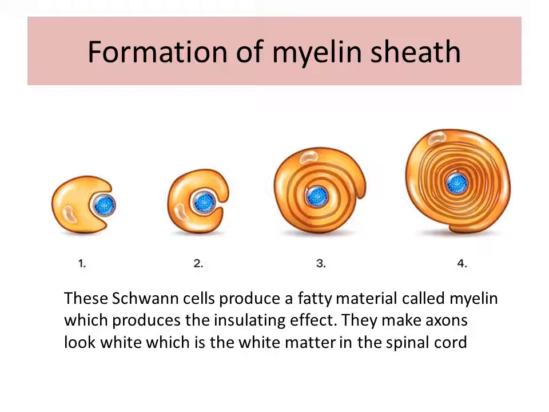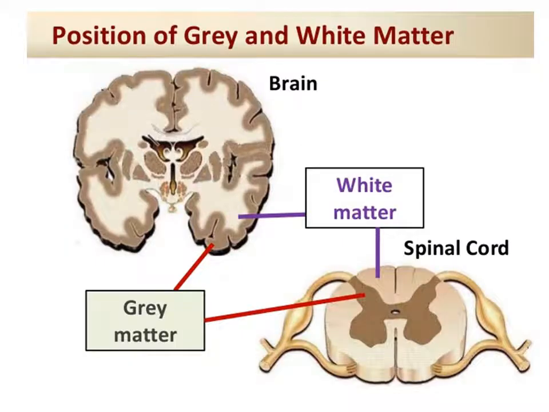And this is why you quite often talk about the white matter in the spinal cord. And sometimes you hear about people talking about the grey matter. And if we look at this slide here, we can see that we have both white and grey matter in the spinal cord and the brain, so in the central nervous system.